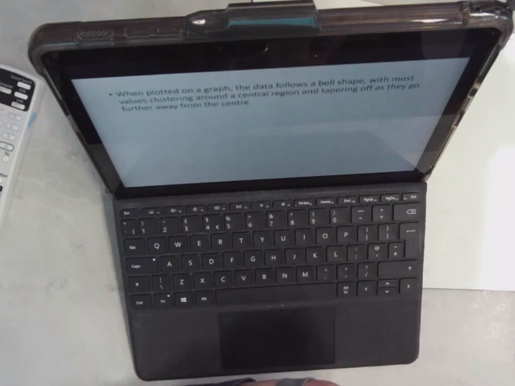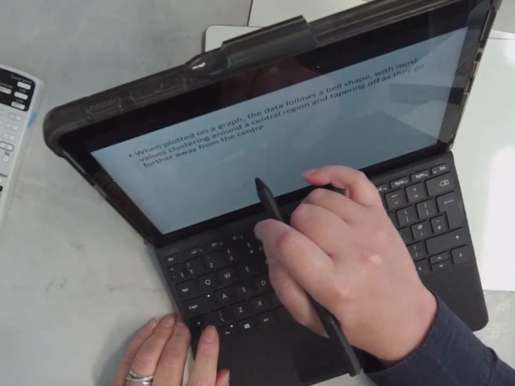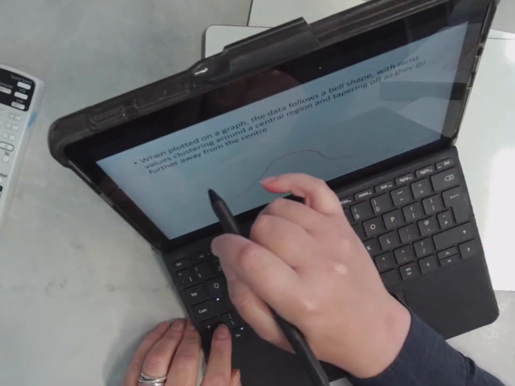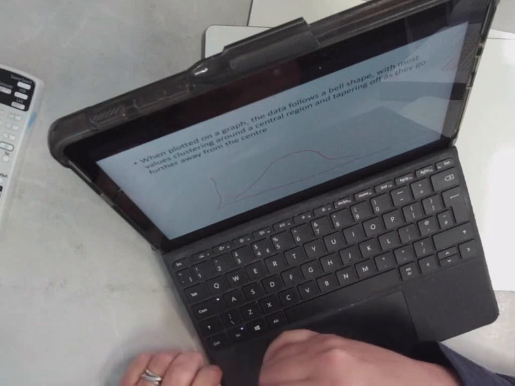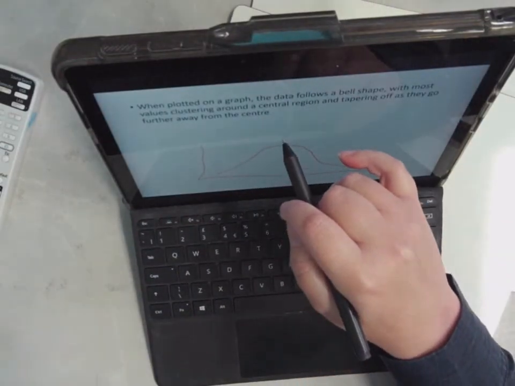Okay, next sentence. When plotted on the graph, the data follows a bell shape. So basically, we don't need to draw the histogram anymore. We're just going to draw the normal distribution. Clusters around the central region, tapering off as they go further from the center.